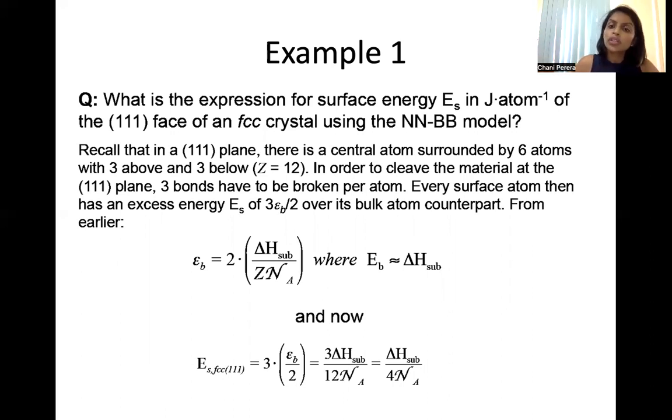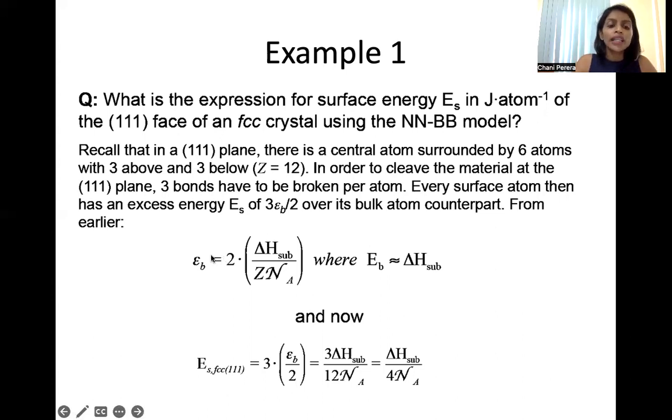In order to cleave the material in the 111 plane, you have to get rid of 3 bonds per atom. So every surface atom has an excess energy of 3 epsilon_B, and you have to divide it by 2 to make sure you are not repeatedly counting the same bond.